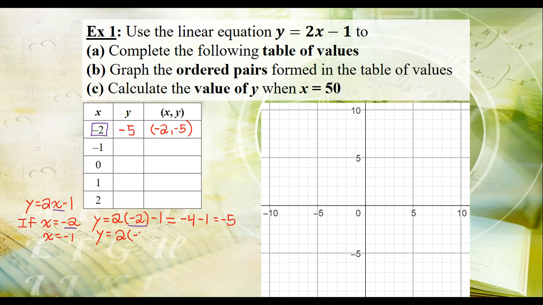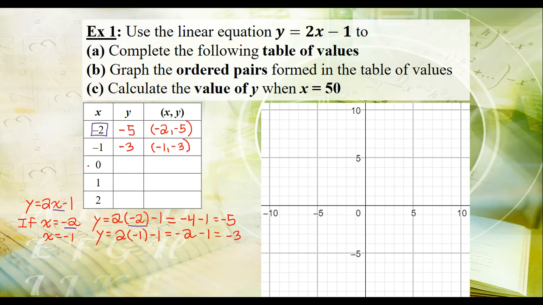So we'll plug in -1 here, minus 1. And that would be equal to, well, 2 times -1 would be -2. Subtract 1, -2 minus 1 would be -3. So in the data table, we can put in -3 here, and then my ordered pair would be -1, -3.